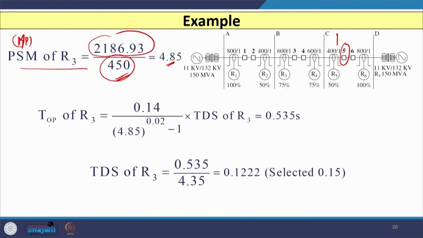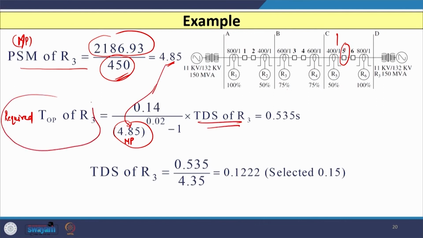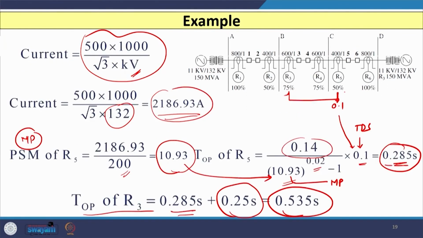So, we need to write the required time of operation of relay R3. We have calculated the multiple of pickup current, so you can put it here. TDS we need to find out; the required time of operation of relay R3 is 0.535 second.